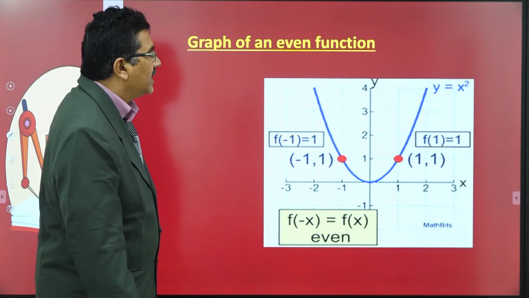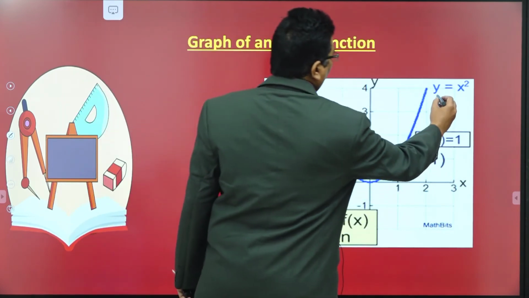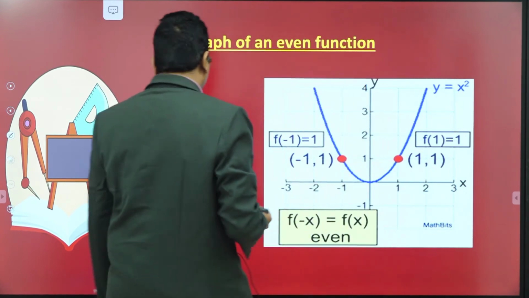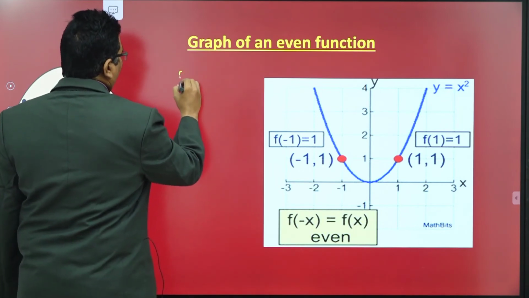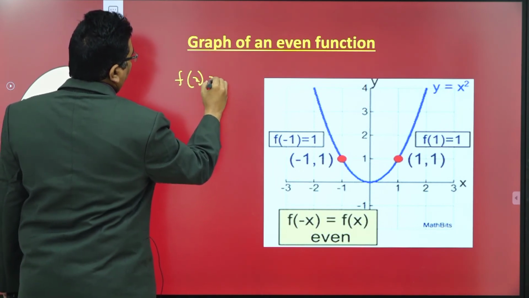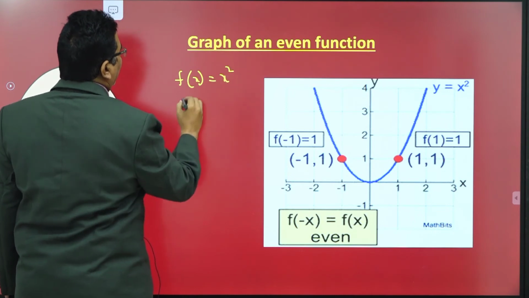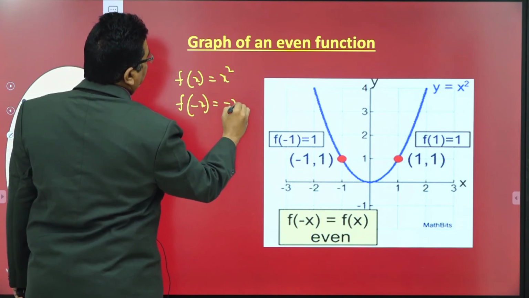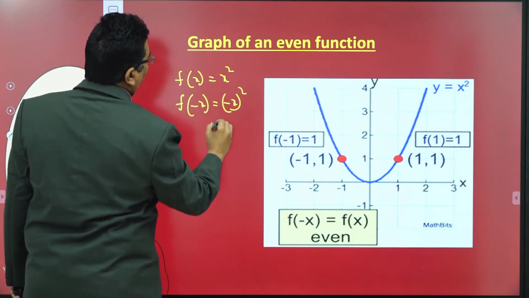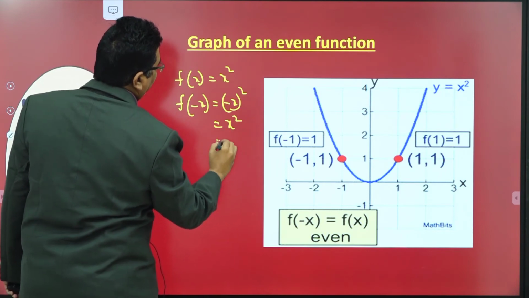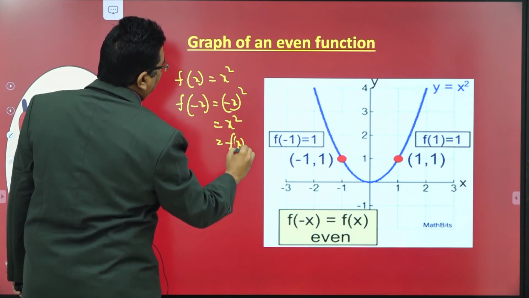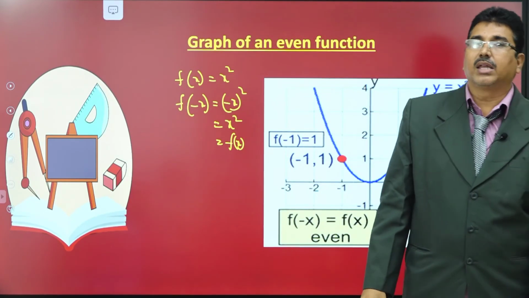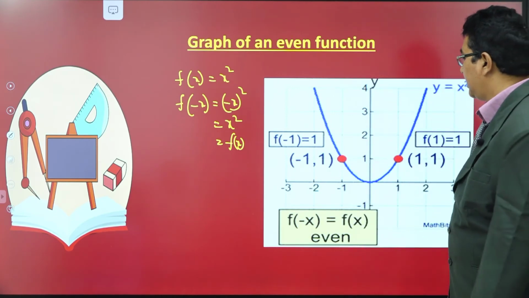This is the function y equal to x square, that is f of x equal to x square. f of minus x is equal to minus x whole square, that is equal to x square, that is equal to f of x. Therefore, f is an even function.